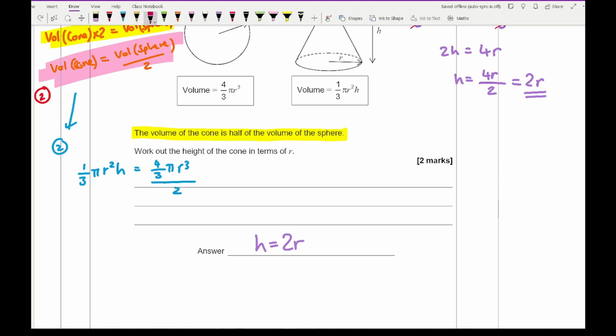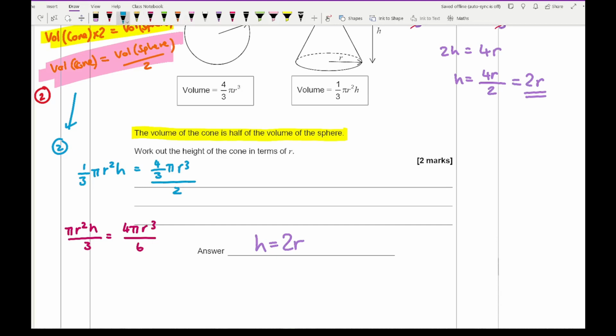So then simplifying each of these, what we end up with is pi r squared h divided by 3 equals, now for this all I need to do is move this denominator to the bottom, so that becomes 4 pi r cubed over 6.